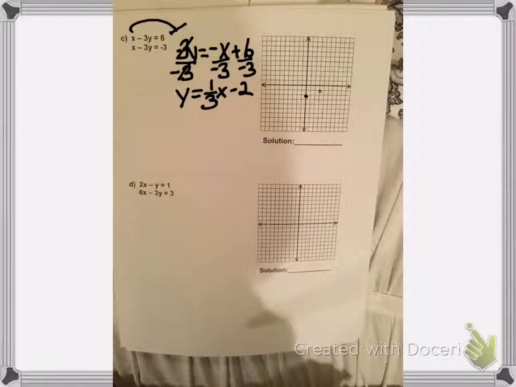Okay, and then we can go up 1 and over 3 again and put a point right there. Okay, so there's 3 points, and we can draw a line through it.